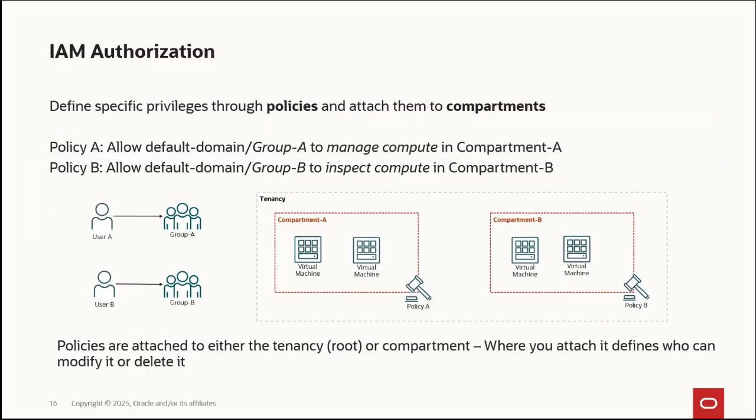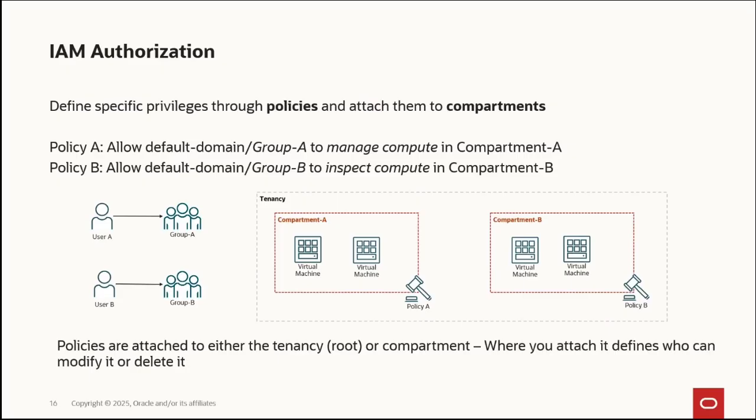So user A in group A can manage these two VMs in compartment A. Here we also have compartment B with two VMs there, and policy B is attached to compartment B. So user B in group B can inspect those two virtual machines. User A cannot do anything with any of the VMs in compartment B, and user B cannot do anything with any VM in compartment A.